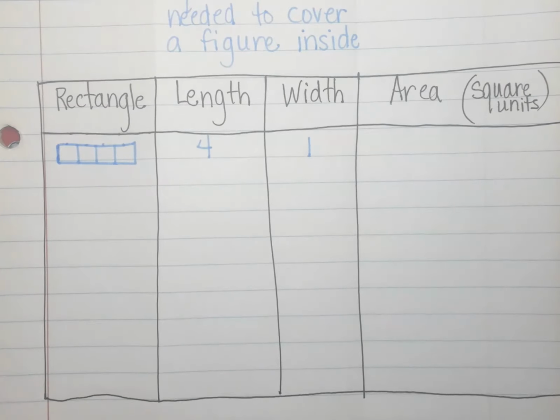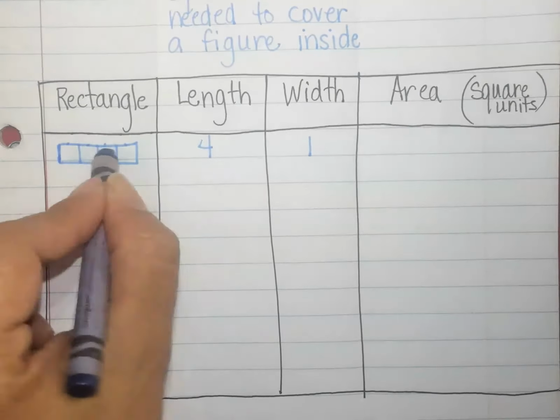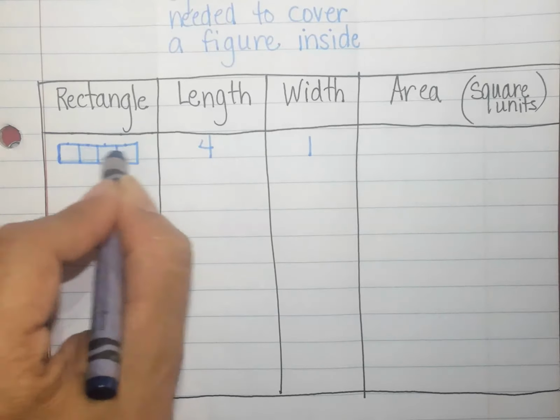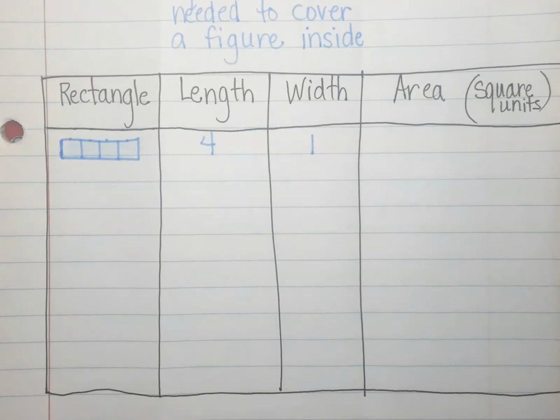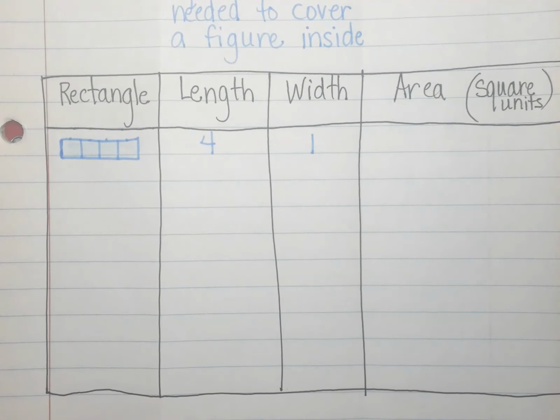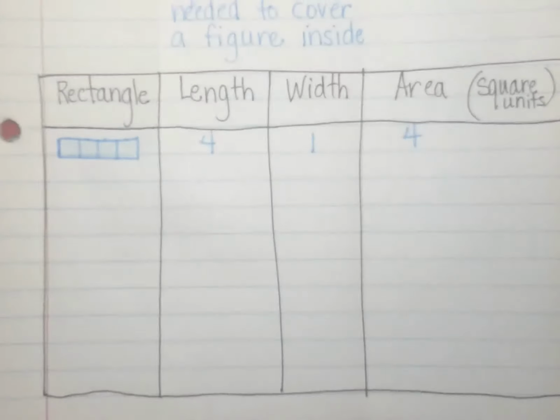Go ahead and write it. I think I color better with crayons, so I'm going to color it in. Because this is the number of square units that I use to cover this figure inside. And yes, your answer is simply 4 square units.